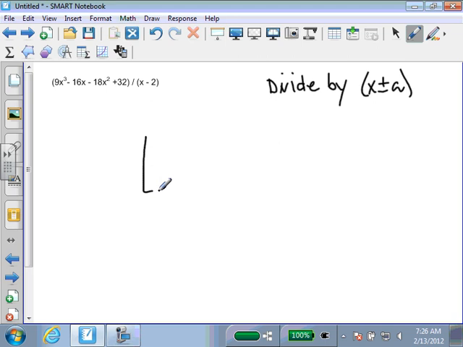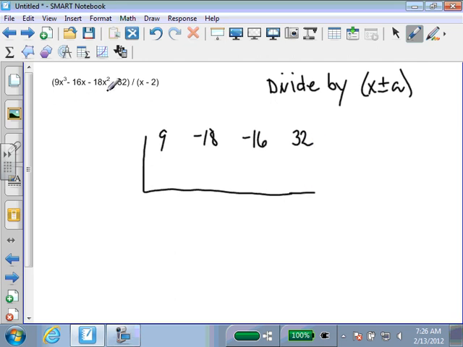You pull the coefficients of the numerator, but you have to put them in order of powers. So the 9 would be first, minus 18 would be second, minus 16 would be third, and positive 32 would be last.